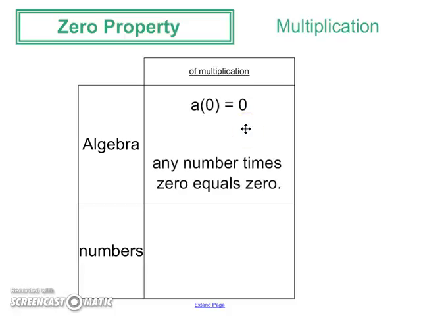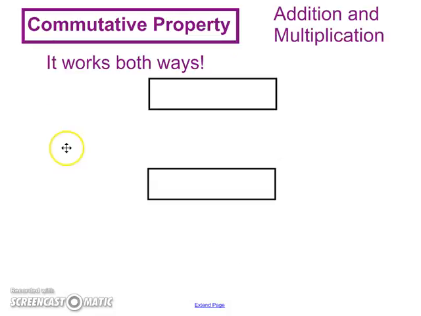Anything times 0 is 0. Again, this is something that you already know. We are just putting a name to that property. And so as an example, 5 times 0 is 0. Okay, so again, some of the properties that we deal with are very simple. We're just giving them names so that as mathematicians we can speak to one another about how numbers work.